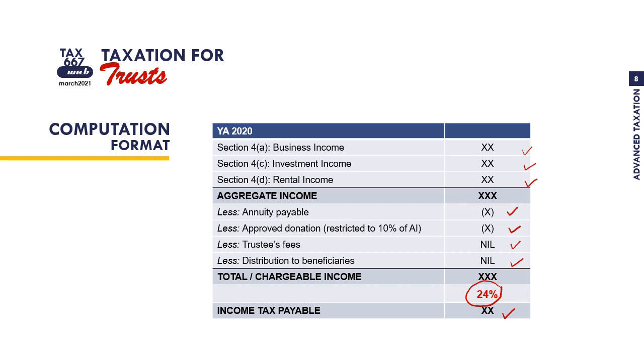So as you can see, the computation format for a trust body or trustee is quite simple. It's quite similar to what we did in chapter 1, just that here, from total income, we are not going to deduct any relief, because a trust body is not entitled to any relief. Therefore, the total income will be the chargeable income.